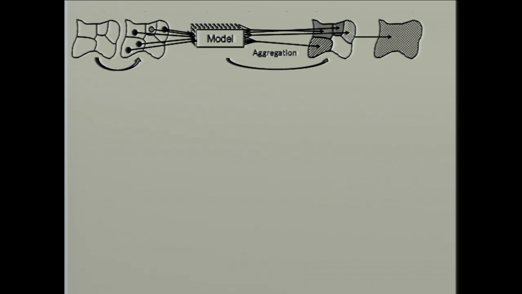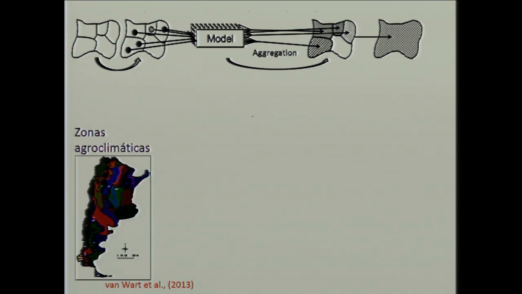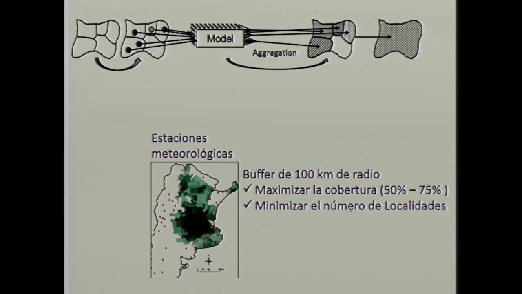In each of these regions, we establish a weather station that works as a reference, that has different pieces of information, and with a simulation model, we estimate what is the possible yield that can be achieved by each of these locations. And then we make an aggregation into the future. For Argentina, we establish all the agroclimatic areas that had a similar behavior.